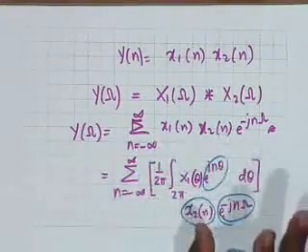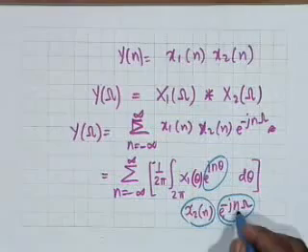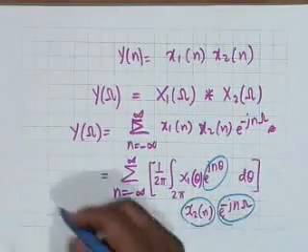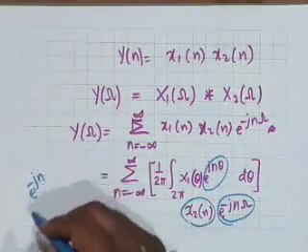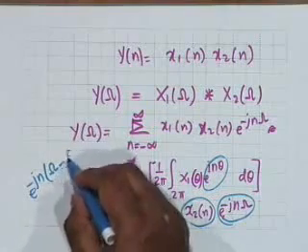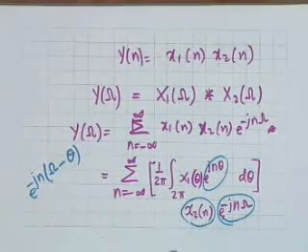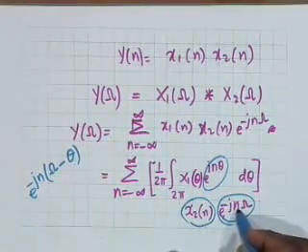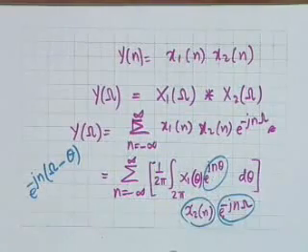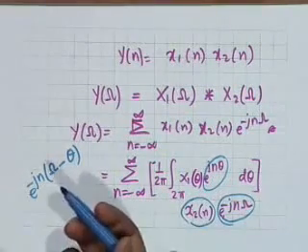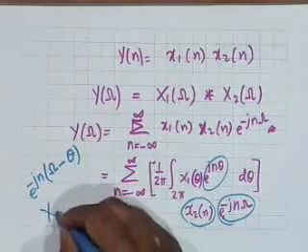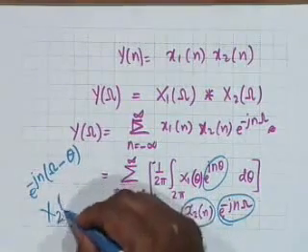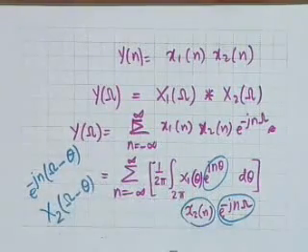There is no other term containing n. And what I can write here, if you combine these two, is e to the minus j n omega minus theta. Alright, so x2 of n e to the minus j n omega minus theta, the summation from n equal to minus infinity to plus infinity obviously gives you X2 of omega minus theta.